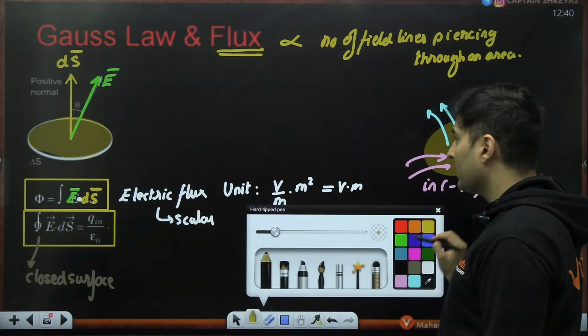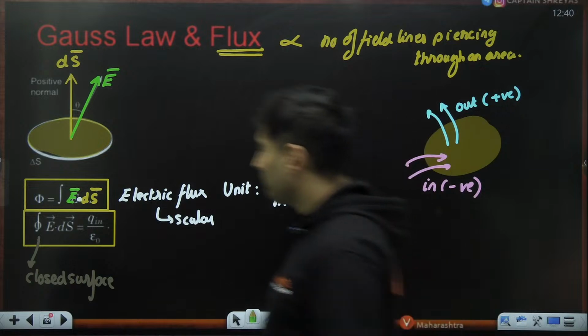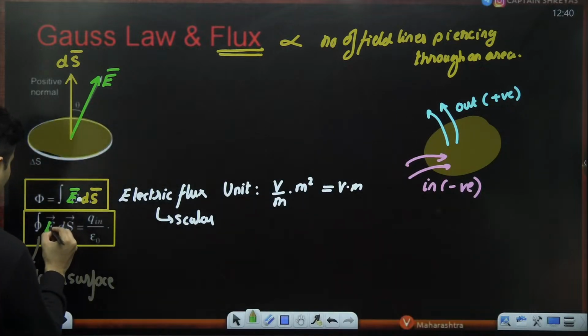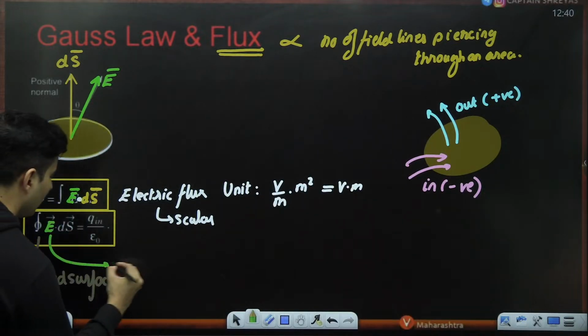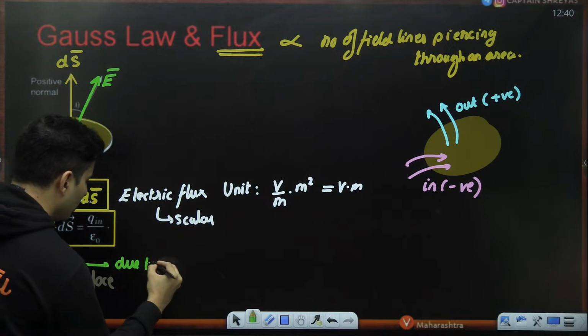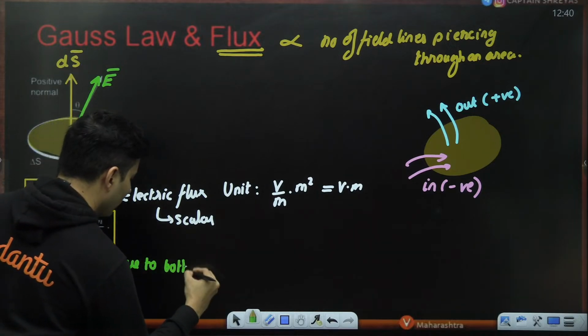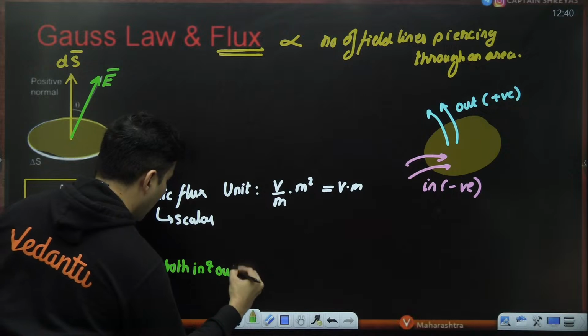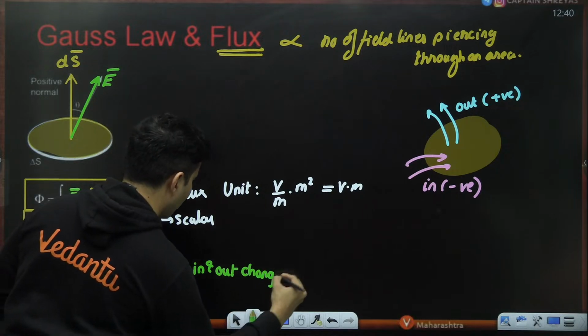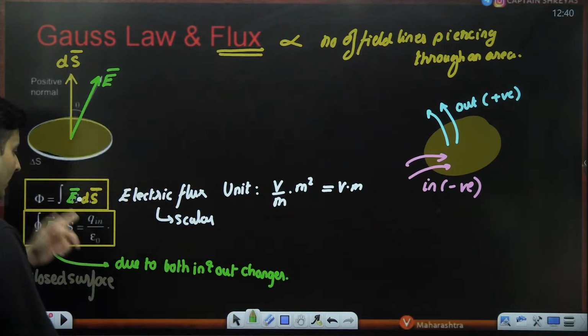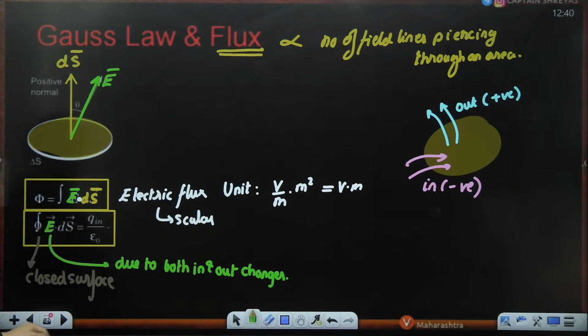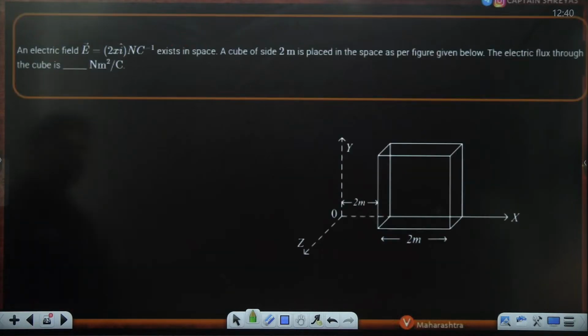So this particular E is due to both inside and outside charges. But the right hand side is only dependent on the charges present inside. So that is what you should know.